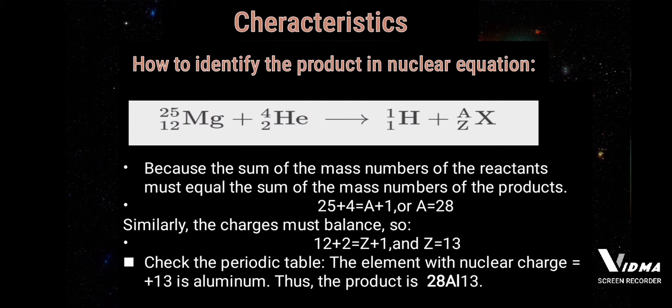So this will be equal to 28. Similarly, the charges must balance, so we balance the charge as I have written. After balancing the charge, we check the periodic table, and the element with nuclear charge plus 13 is aluminium. Thus the product is aluminium-28, where 28 is the mass number and 13 is the charge number. So we can identify the product in a nuclear equation by using this method.